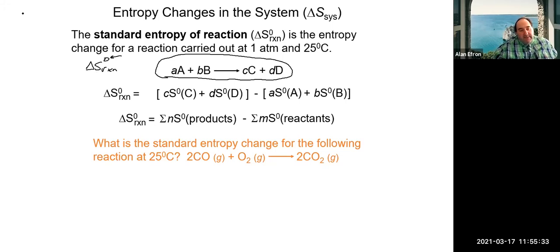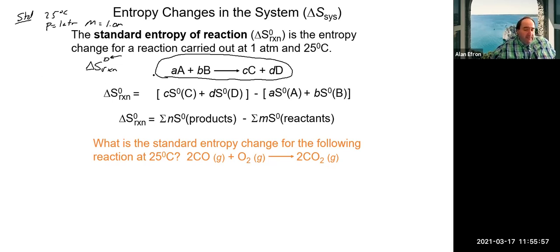And when we talk about standard conditions, those are usually like table conditions, like 25 degrees Celsius for temperature, the pressure is 1 atmosphere if we're dealing with pressures, and the molarity is 1 molar if we're dealing with concentration.